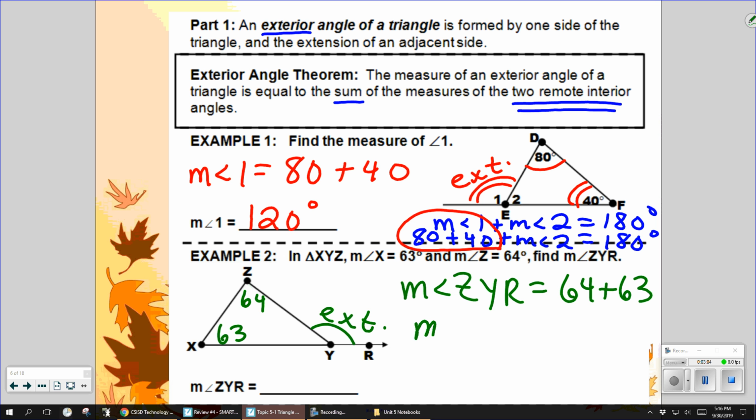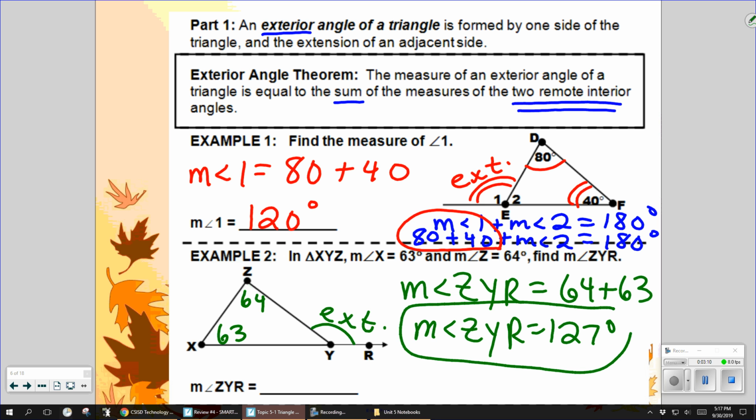The sum of the two remote interior angles gives us the measure of the exterior angle. So yes, you could add 63 and 64 and subtract that from 180 and get the third interior angle, but then you have to subtract that from 180, so you're just doing extra work that you don't have to do.